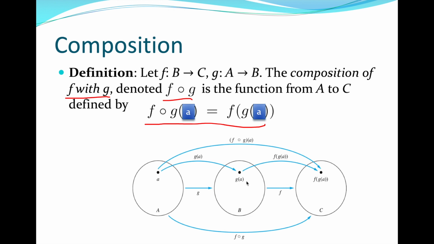Then this g(a) will be transformed to C by using f. To transform from B to C, we have f(g(a)). So basically this is what it is all about, and f ∘ g combines all these three sets together.